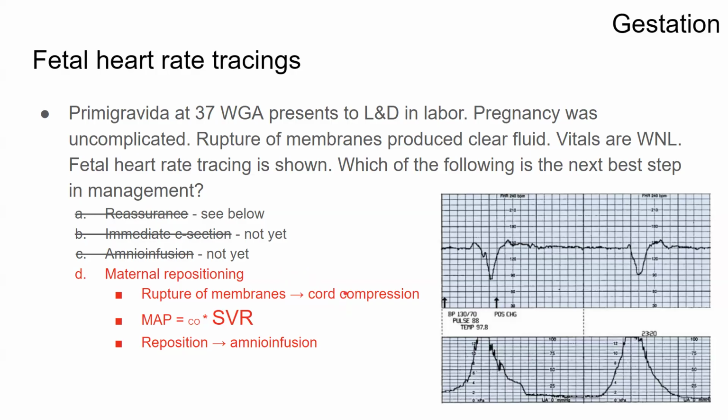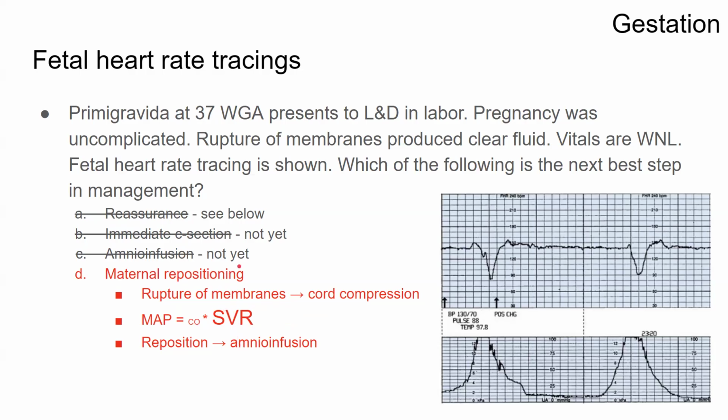And so sometimes the baby will press up against the umbilical cord, and that increases systemic vascular resistance. If you remember the equation, mean arterial pressure equals cardiac output times systemic vascular resistance. Whenever there's cord compression, systemic vascular resistance shoots through the roof.